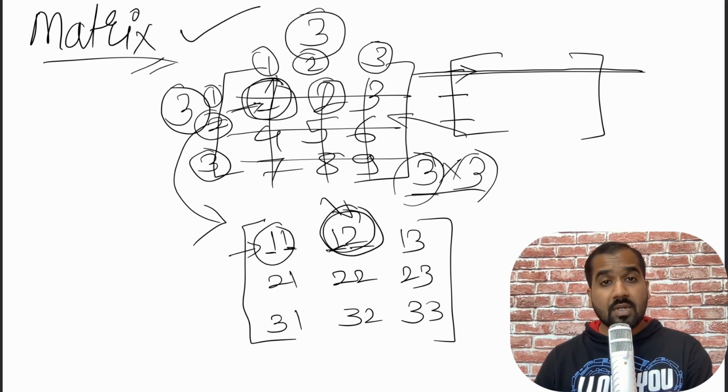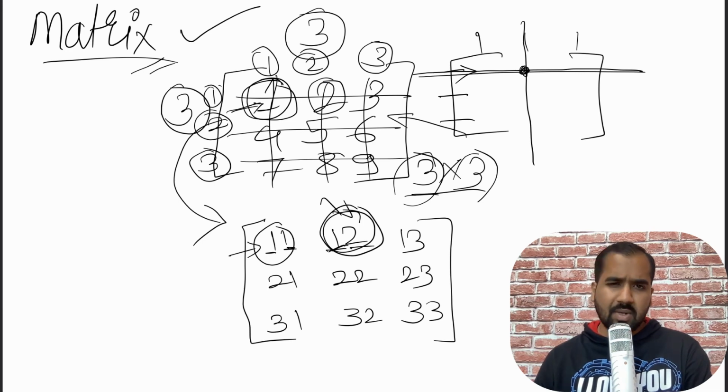And after that comes the column number. Here is the first column, second column, third column. So after the row traversal, you have to go for the column traversal. So I will go for the column. Now we have got a point here, in simple language, an intersection point.